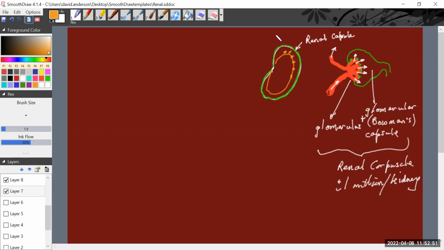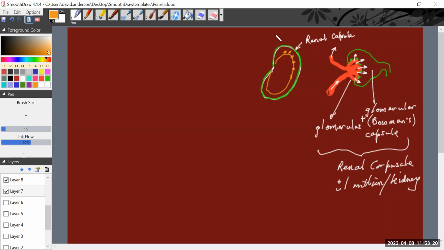Okay, I don't know where we're missing. What are we missing here? I'm just a little confused about these two. So the glomerular capsule is in the medulla, not in the renal capsule? Listen to me very, very closely here. The renal capsule is a connective tissue covering of the kidney.